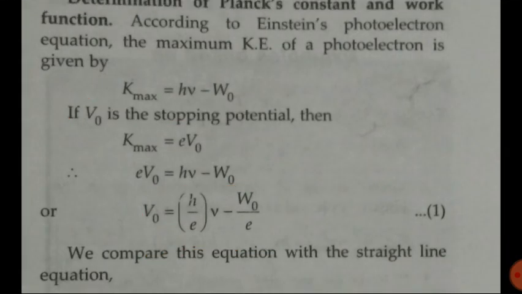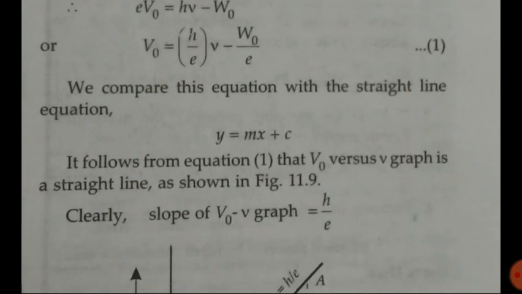Now we compare this equation with the straight line equation y equals mx plus c. By comparing, we come to know that in y equals mx plus c, m represents the slope of the graph. If we compare this with equation 1, we find m equals h upon e.